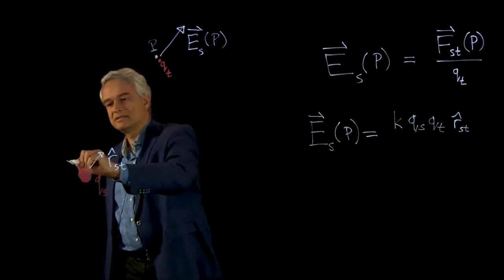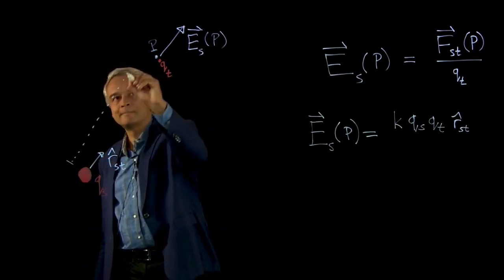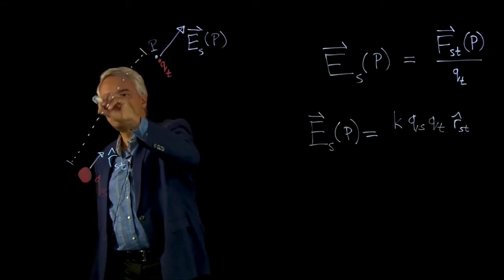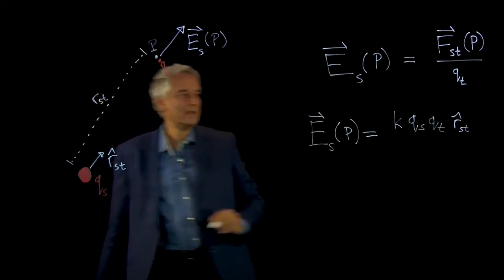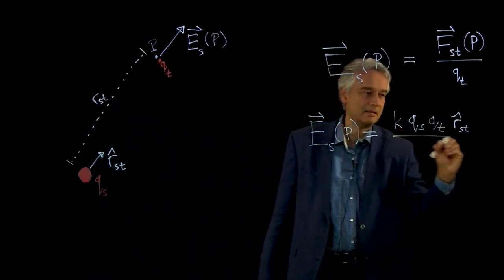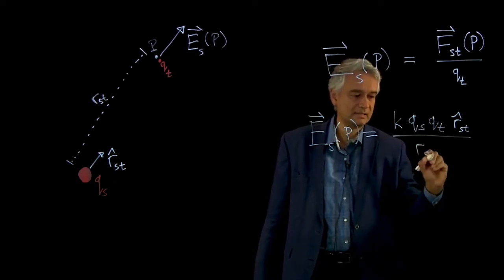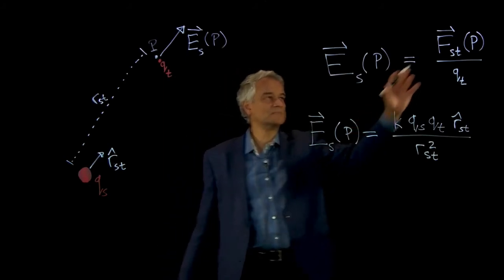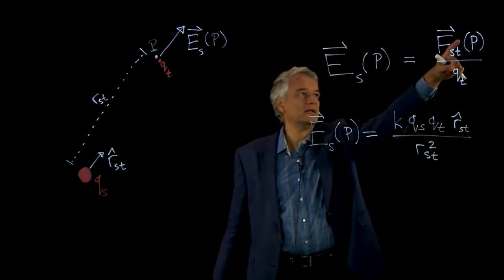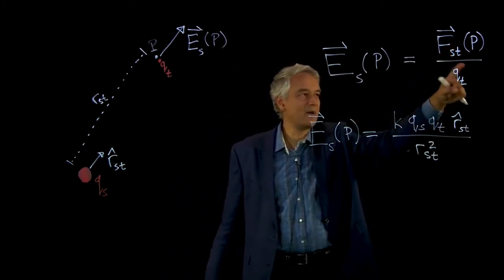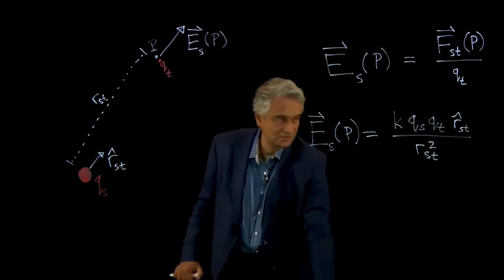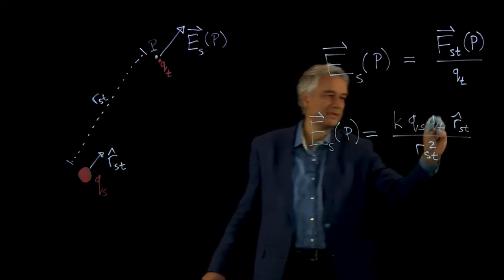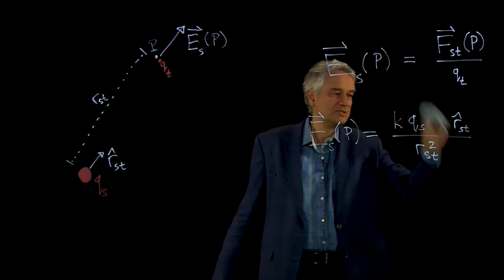This distance here I will call R_ST, and I divide by R_ST squared. So that's Coulomb's law telling me what this force is, but now I have to divide by QT, and I'm going to do that by erasing it. So I divide by QT, the QT is gone.